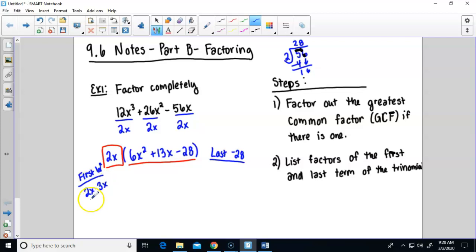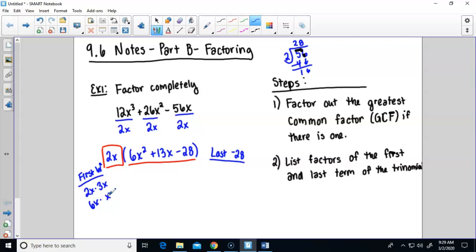We could do 6x squared times 1, although I will tell you, Tristan, except for in very rare instances, our best bet is to always split our x's. So instead of doing an x squared on one and just a 1 on the other, let's do a 6x and a 1x. There are some very rare instances where you might want to put the square with one of them, but usually we do not.